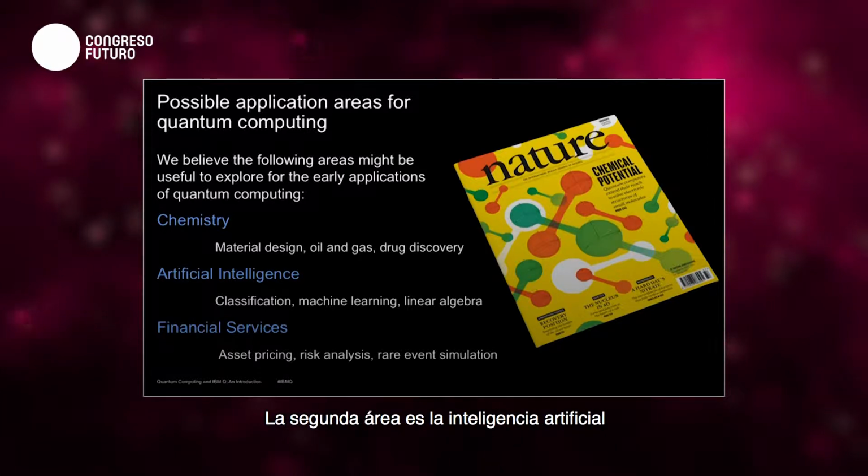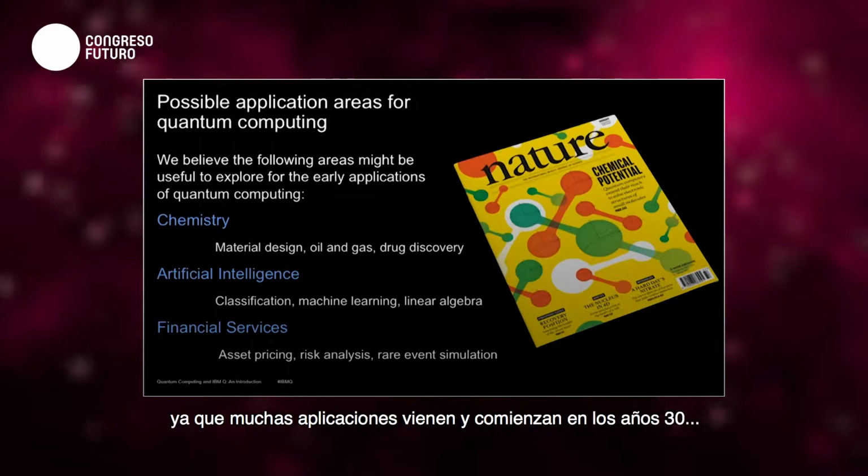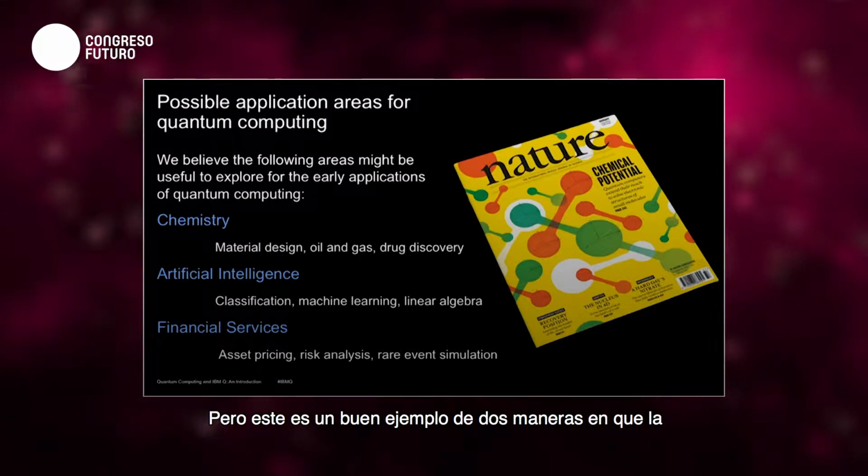The second area is artificial intelligence. Now, you'll hear about artificial intelligence throughout the conference. Many applications, parts of it go back to the 1930s, frankly. But this is a good example of two ways in which quantum computing may be applied in several areas.